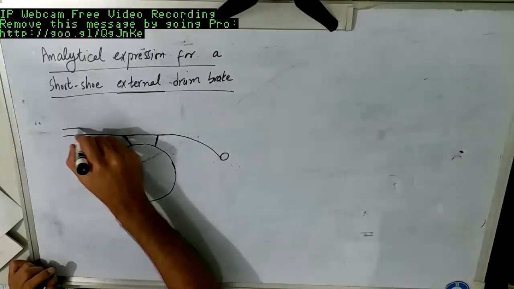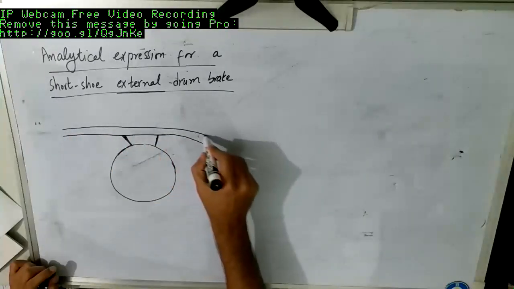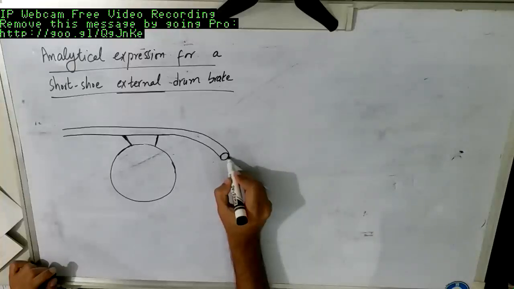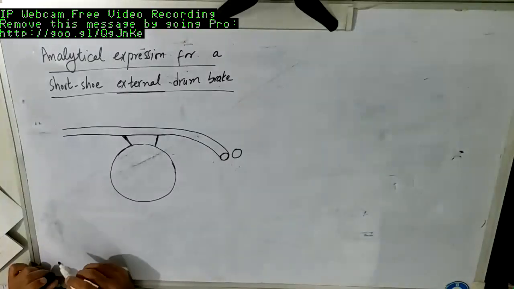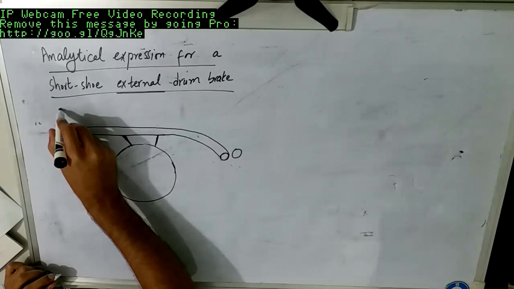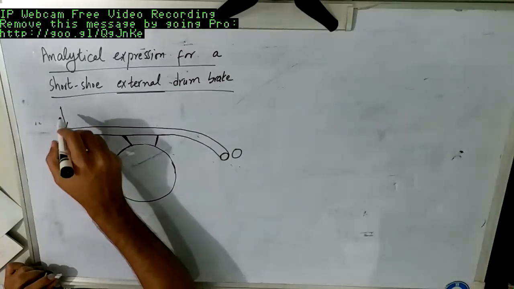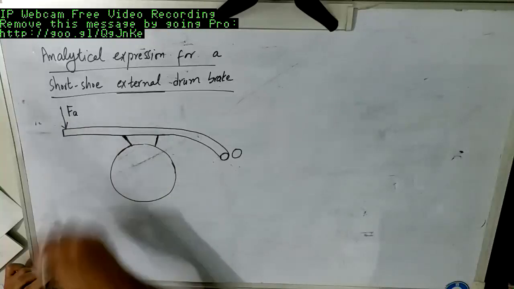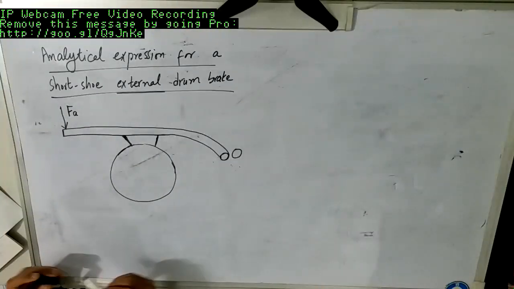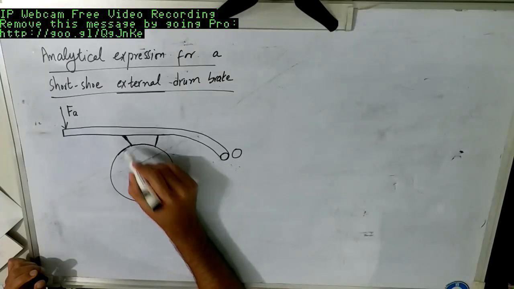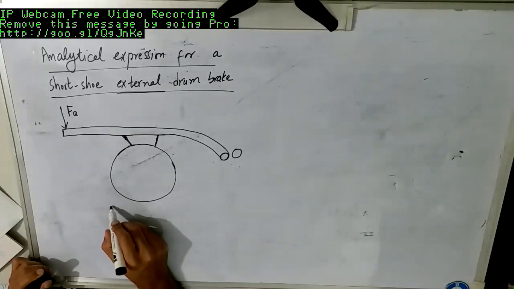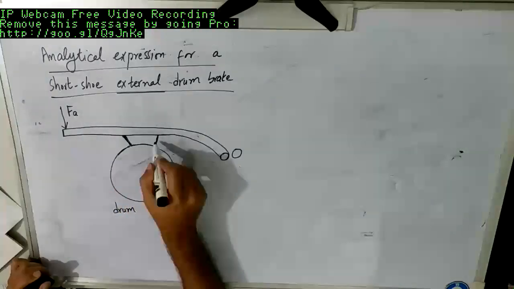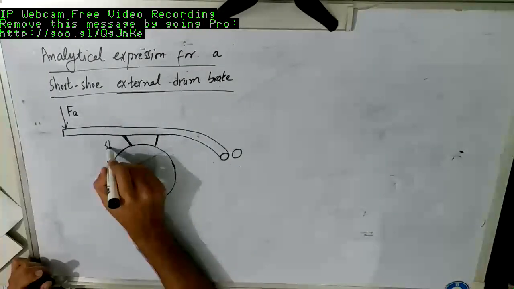So it will come just like this. So this is the pivot point O. The force is applied on one end of this lever. So this force is Fa, again actuation force, so Fa. This is our drum, while this little thing here is the shoe.